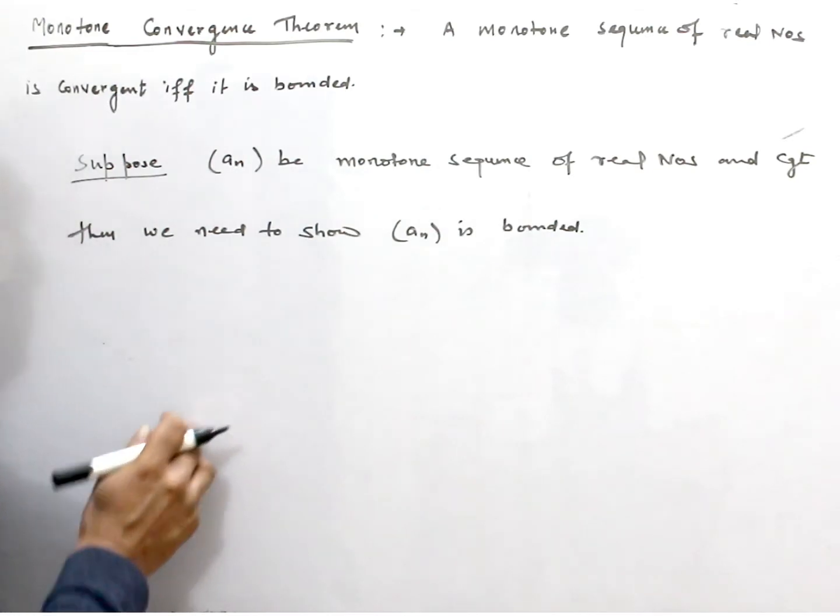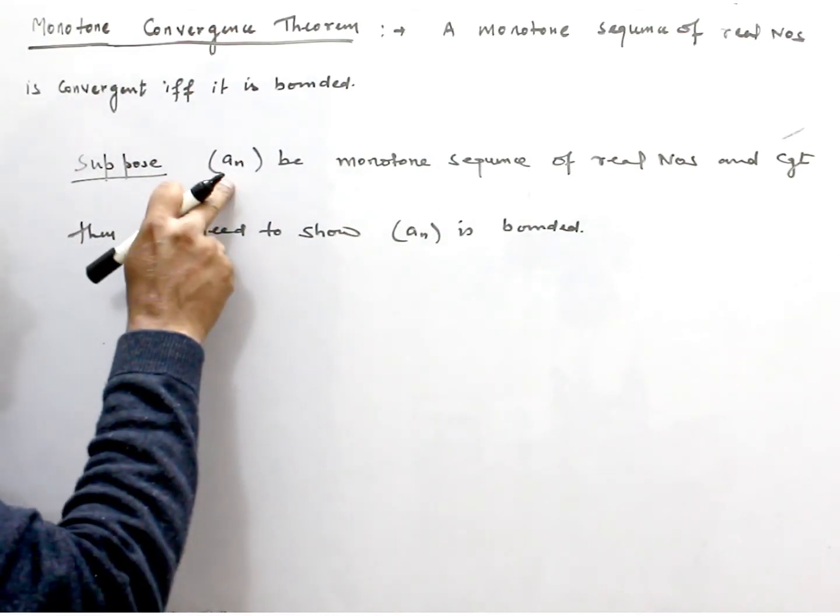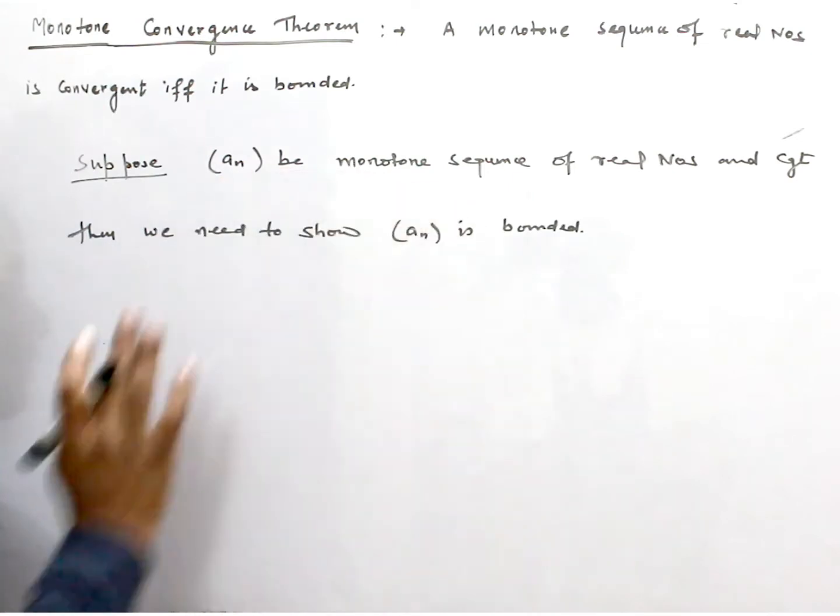First part is this, and in the second part we suppose An is bounded, then we prove it is convergent.